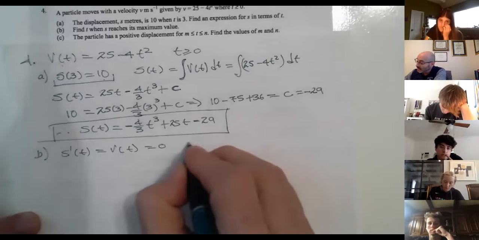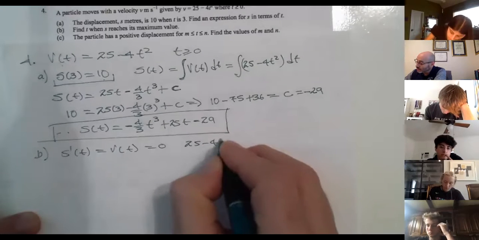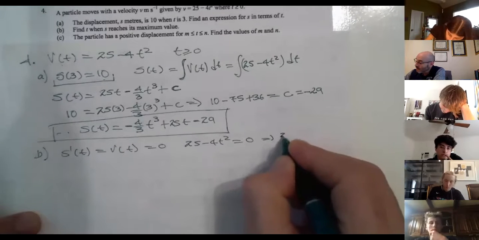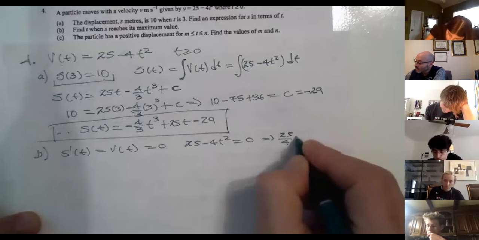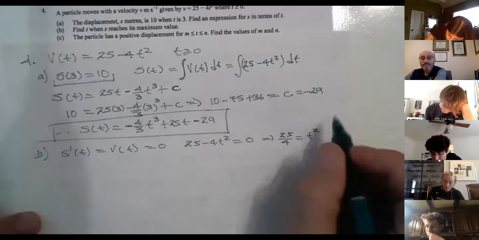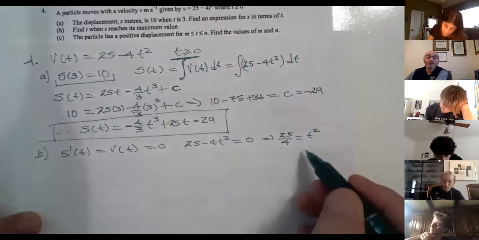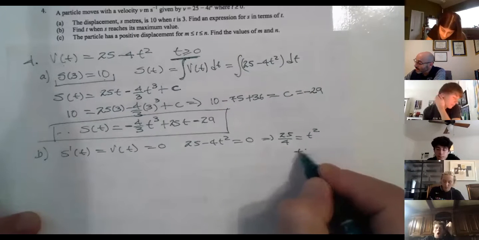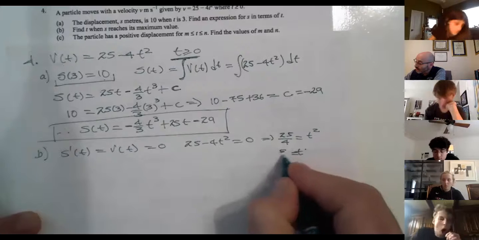So I'm going to take the velocity, 25 minus 4t squared, and set that to 0, solve for t. 25 fourths is equal to t squared. Remember, the time is positive, so we're only gonna consider positive values here. That means that t is equal to 5/2, right?